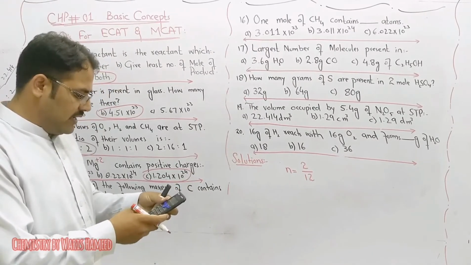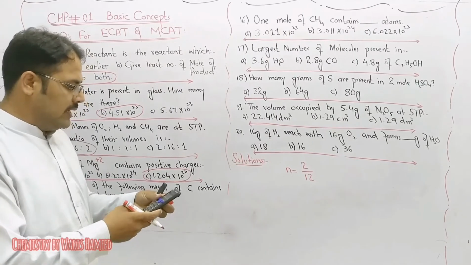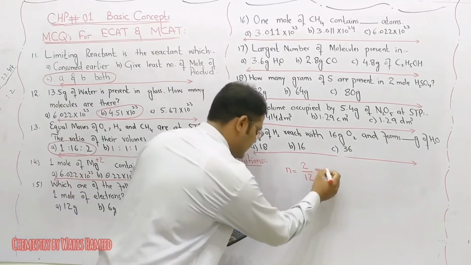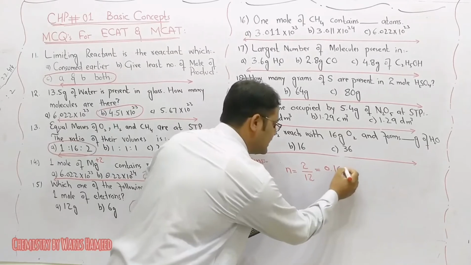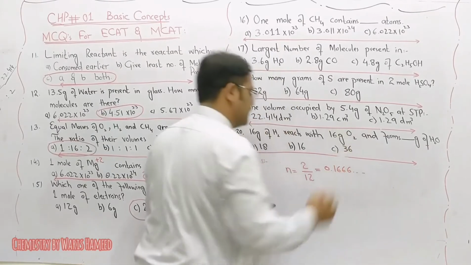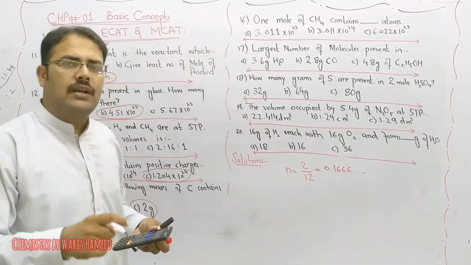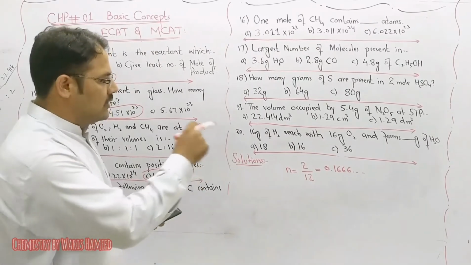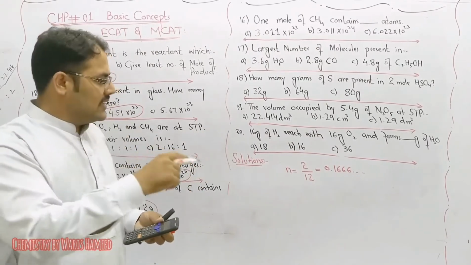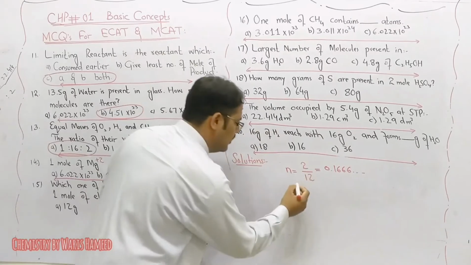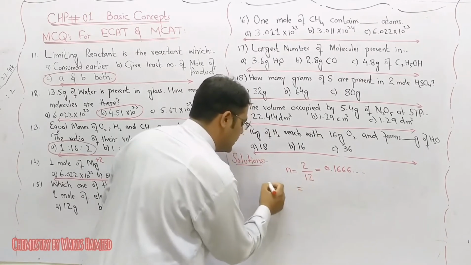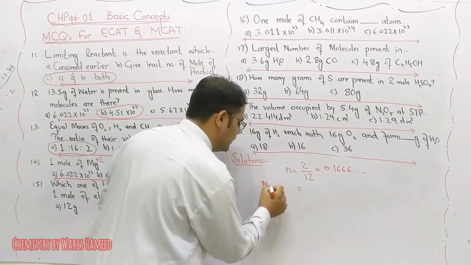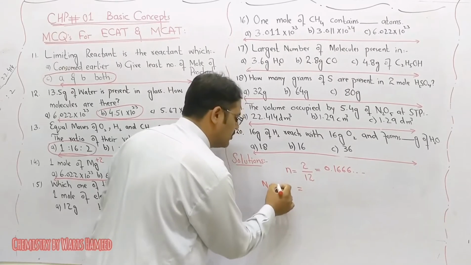So 2 divided by 12. Its answer will be 0.1666 and so on. Now we have to calculate the number of atoms in 0.166 mole. For this purpose we have to multiply it with Avogadro's number.